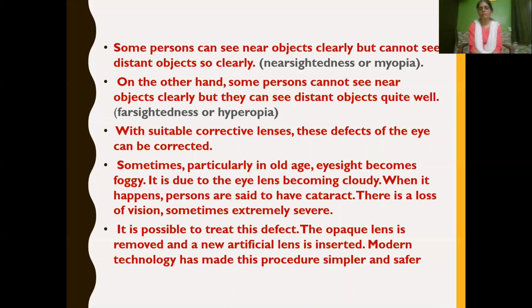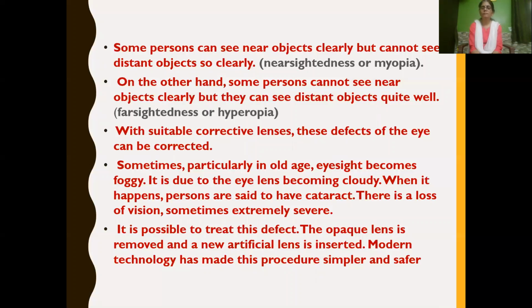This defect we call nearsightedness, otherwise called myopia. So what is myopia? Myopia is nearsightedness. The person can see objects clearly only when they are near, but they cannot see distant objects. On the other hand, some persons cannot see near objects clearly, but they can see distant objects.